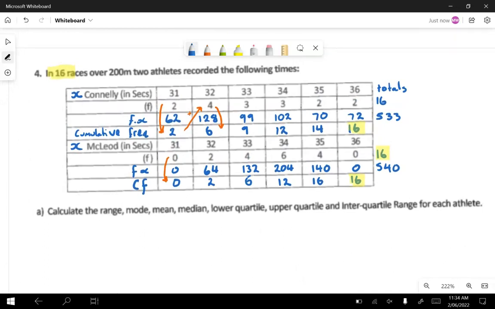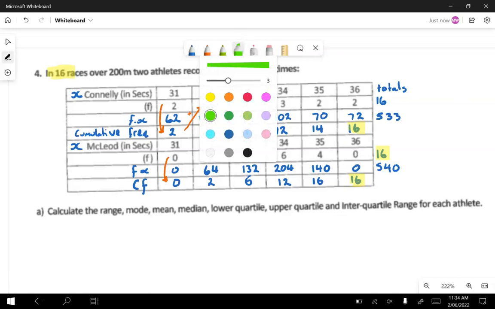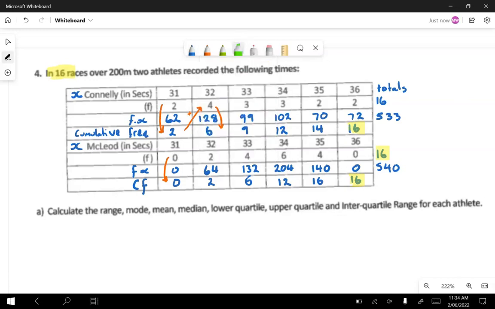In order to calculate the range, what I'm going to go hunting for here is each of these runners' fastest and slowest times. So I can see that Mr. Connolly scored 31 seconds twice, and he scored 36 seconds twice. I'm not really interested in how many times he scored it, but I need to know that he scored it.